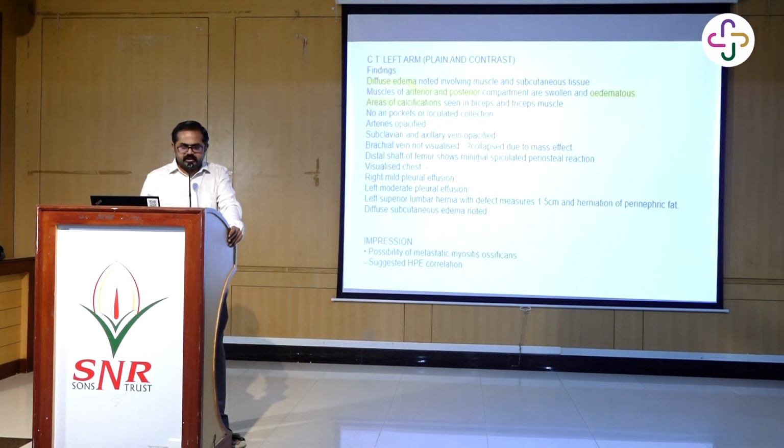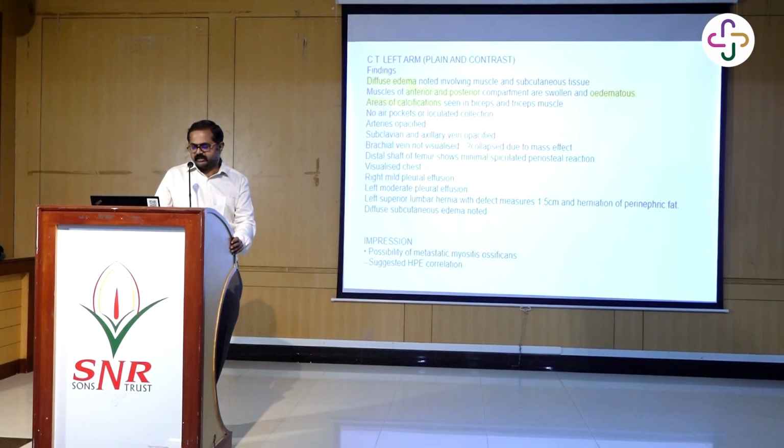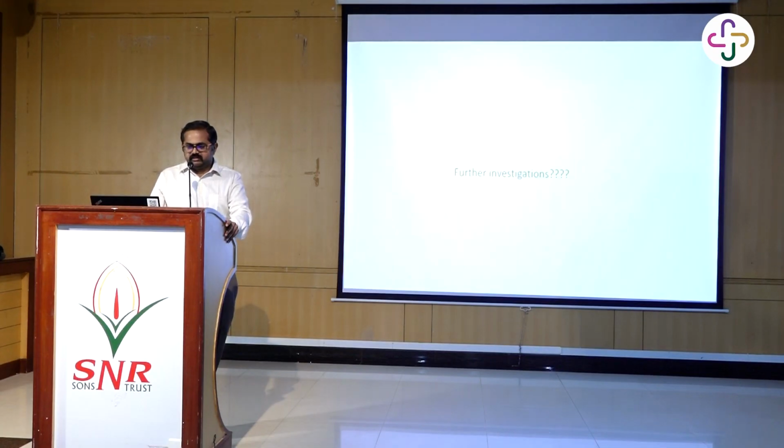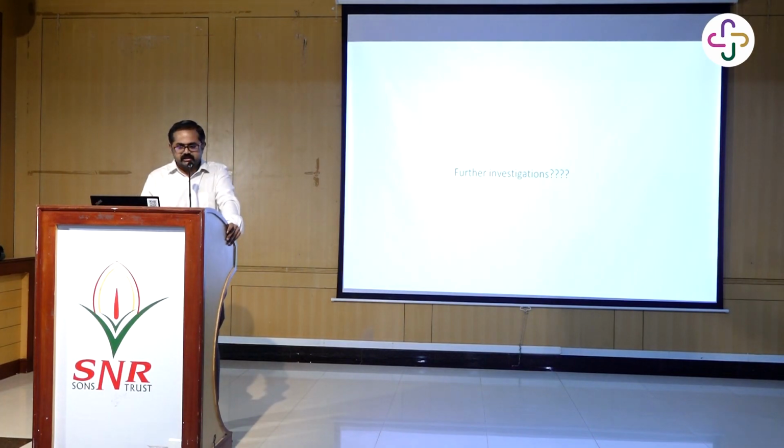CT of the left arm also showed diffuse edema in muscles and subcutaneous tissue, and anterior and posterior compartment muscles are edematous and swollen with areas of calcification. At that time radiologically it mimicked the early stage of myositis ossificans. So with this imaging we just confirmed the earlier findings. We were unable to arrive at a particular diagnosis.